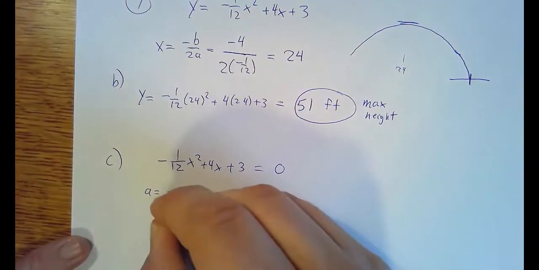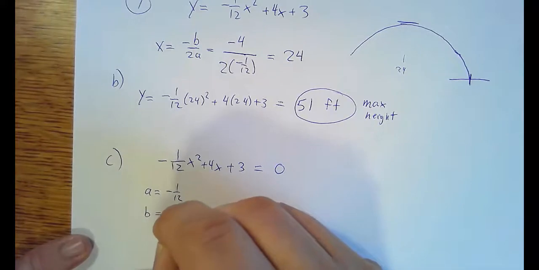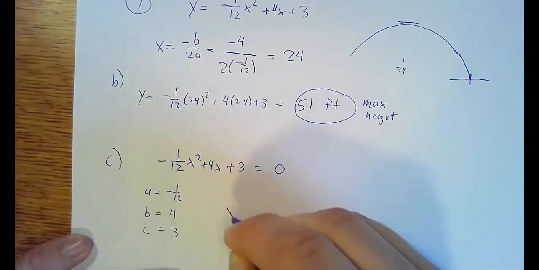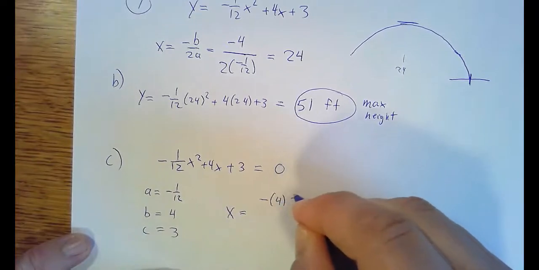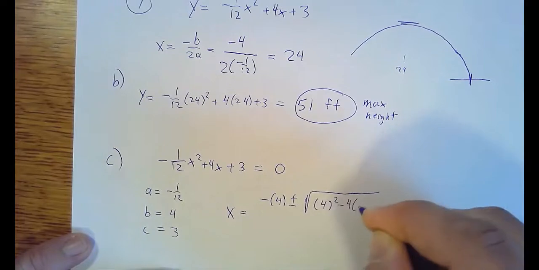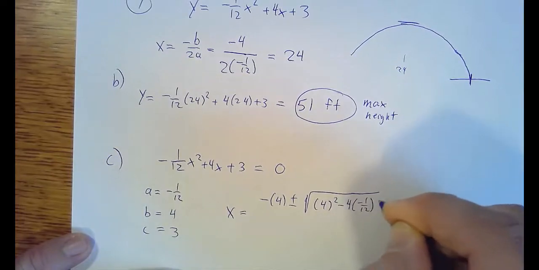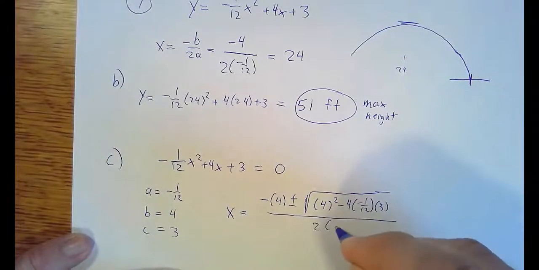So we're going to use the quadratic formula again with a equals negative 1/12, b equals 4, and c equals 3. So x will equal the negative of b plus or minus the square root of b squared minus 4 times a times c, all over 2 times a.